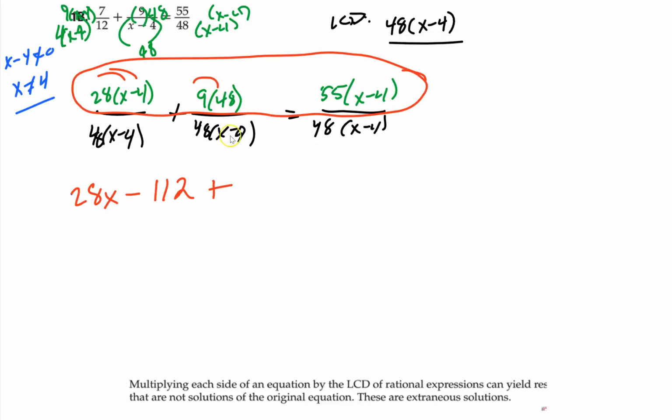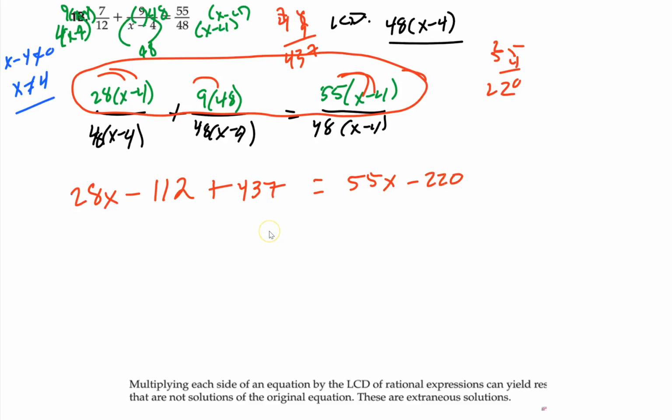Plus 9 times 48, that's going to suck too. 48 times 9 is 432. Equals, distribute the 55: 55 times 4 is 220.